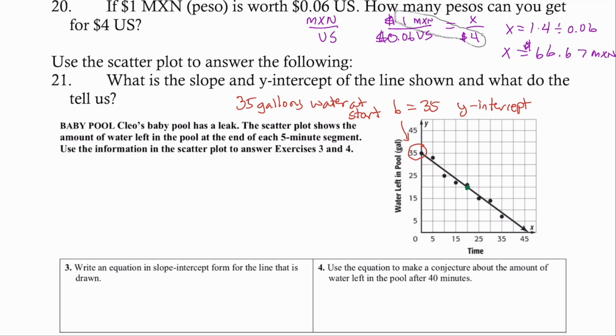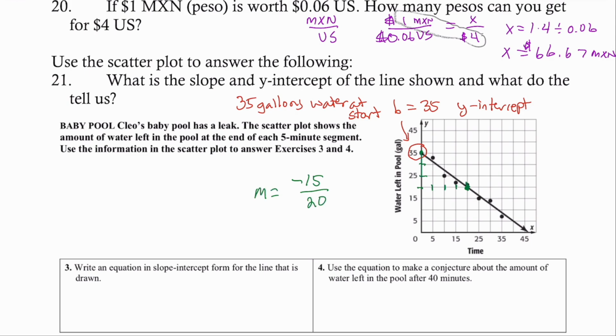So I'm going to go here and here. I just found 2 nice points, okay? And this graph paper counts by 5s. I'm going to go down 5, 10, 15. So I'm going to go 15 down, and then I'm going to go 5, 10, 15, 20 over.